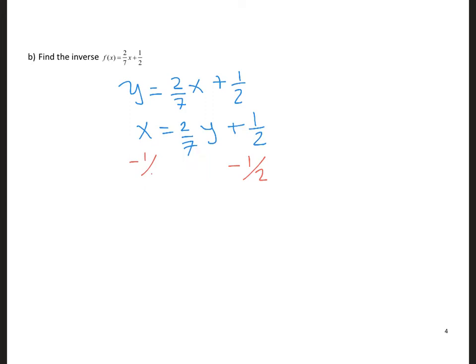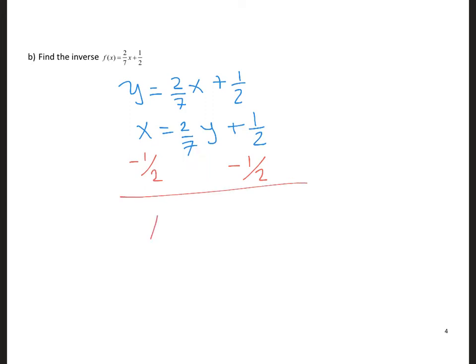So another example. We do step 1, y is equal to 2/7 x plus 1 over 2. Then I switch x and y, so x is equal to 2/7 y plus 1 over 2. Then my next step, I'm just going to simplify that. I'm going to subtract 1 over 2 from both sides.